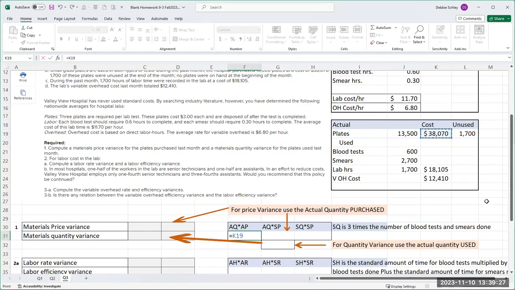And so they told me that the cost total was 38,070 times the actual price. Anyway, so I don't have to multiply, right? Because they already did that for me. They told me the total cost. So that's what the first pitchfork is. It's the total cost of my actual quantity.